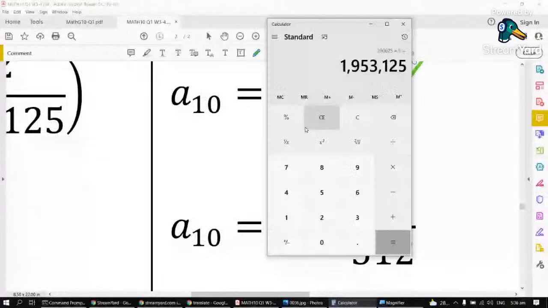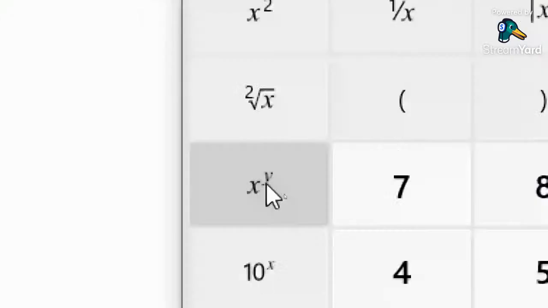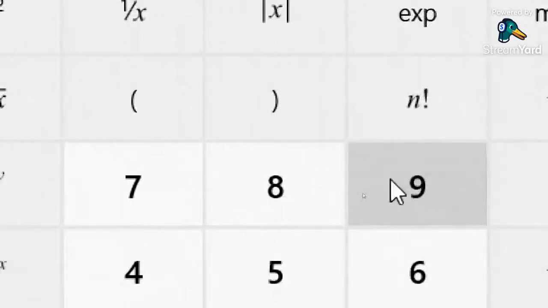Check natin. 2. Pindutin natin tong x to the y. Yan, exponent para exponent. Exponent ng 2 is 9.